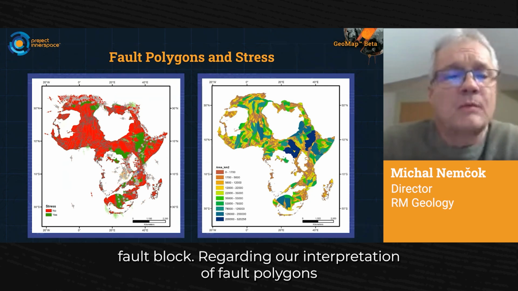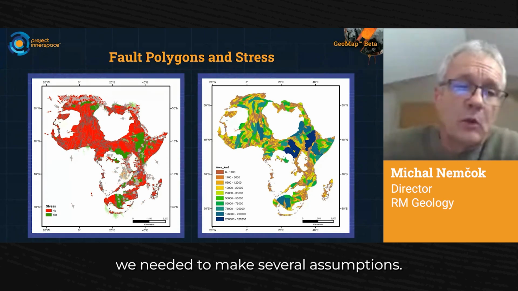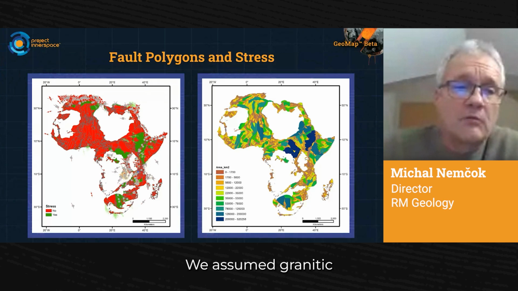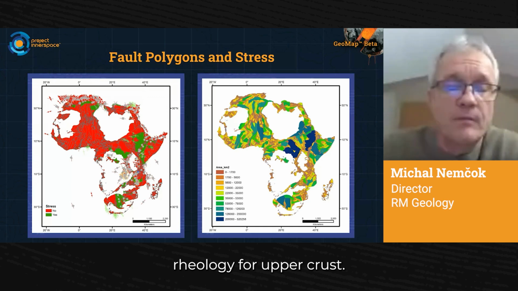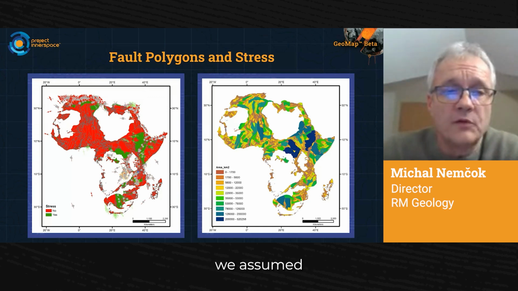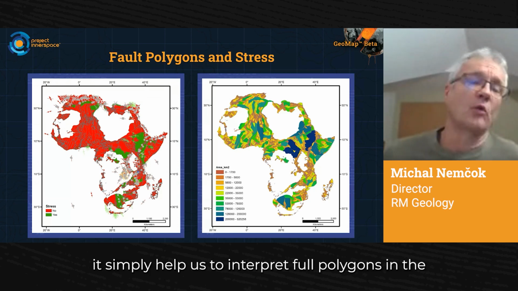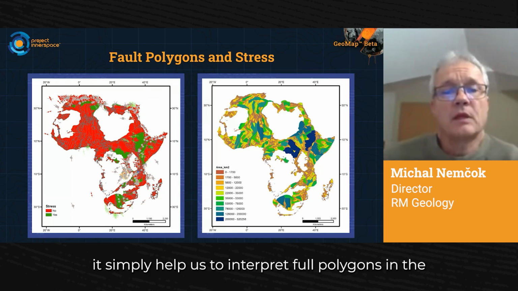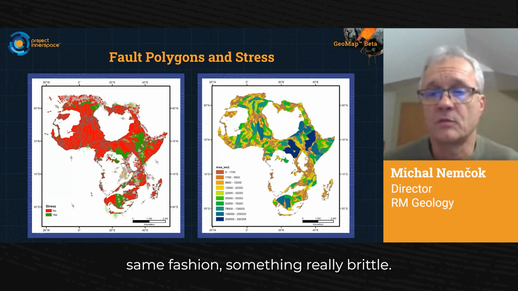Regarding interpretation of polygons, we needed to make several assumptions. So we assumed granitic rheology for upper crust. For sediments, we assumed dolomitic rheology. It simply helped us to interpret fault polygons in the same fashion, something really brittle.